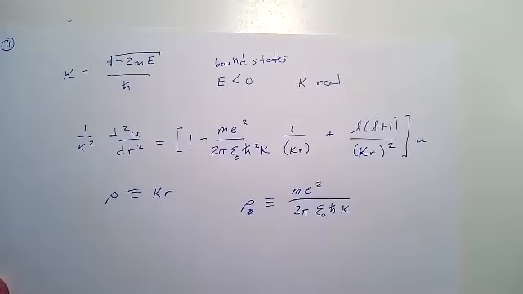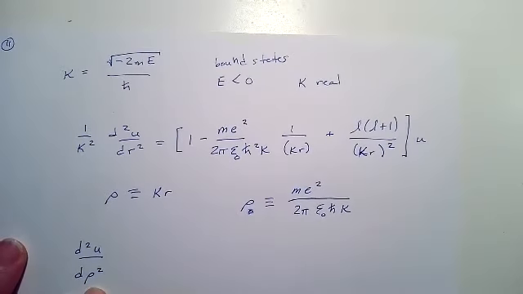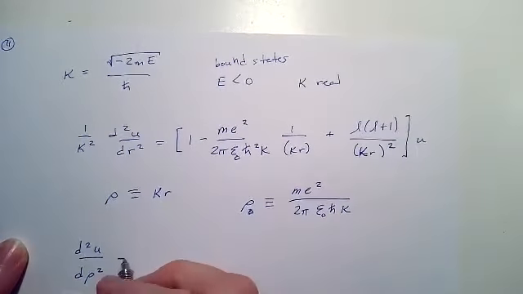Okay, so if we do that, then we can write that our second derivative, instead of with respect to r, but with respect to rho, is going to simplify this left-hand side.